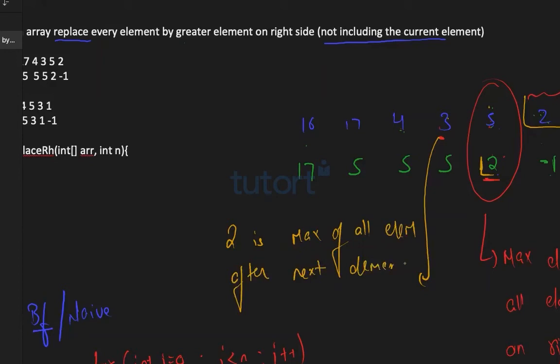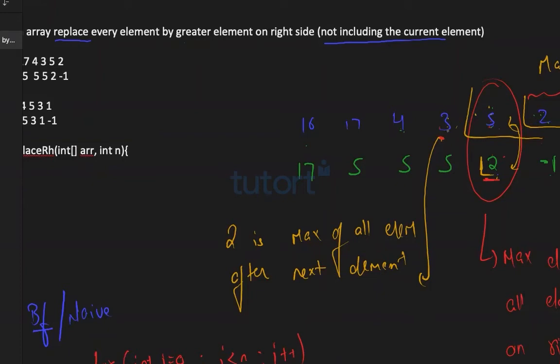To get the maximum for 3, we need this much, but we already know 2 as the maximum after 5. It is just that 5 and 2 are not compared. If we compare 5 and 2, we will get the maximum for 3 among all the elements on the right hand side.